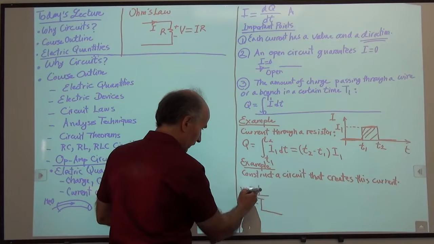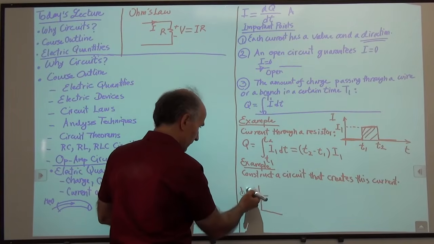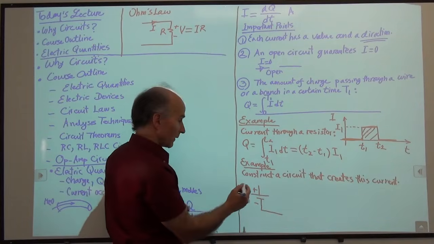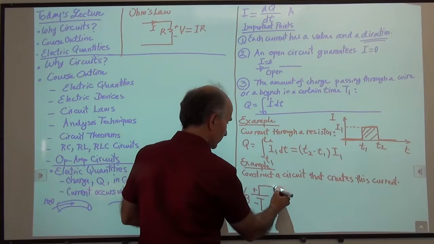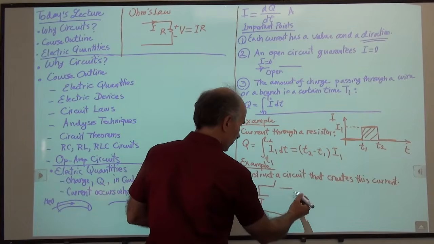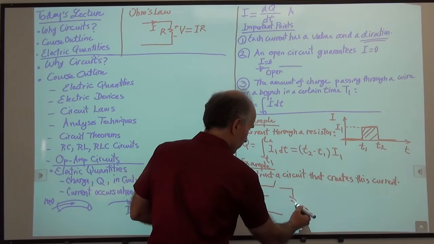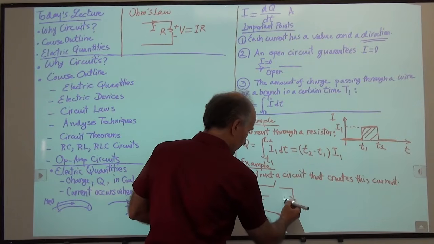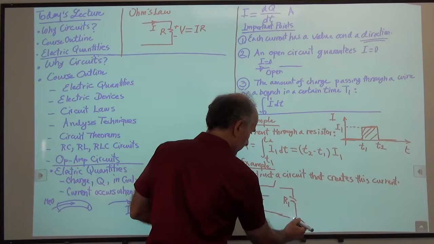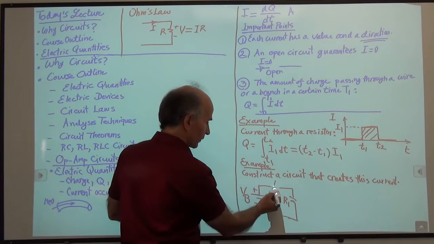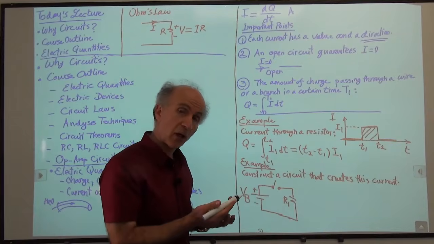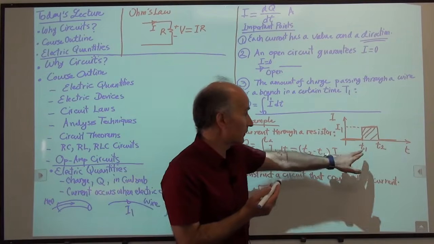This battery is connected to a switch and to a resistor. Let's call that resistor R1. And this switch closes or turns on at time t1.